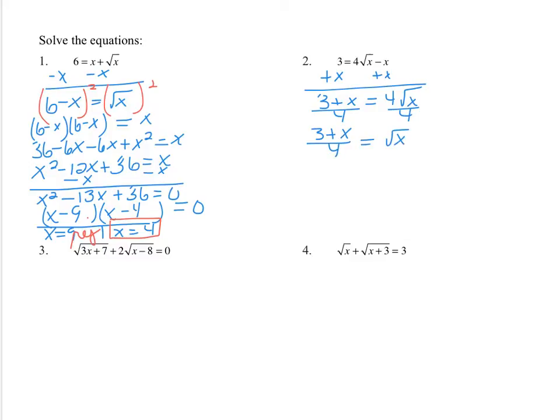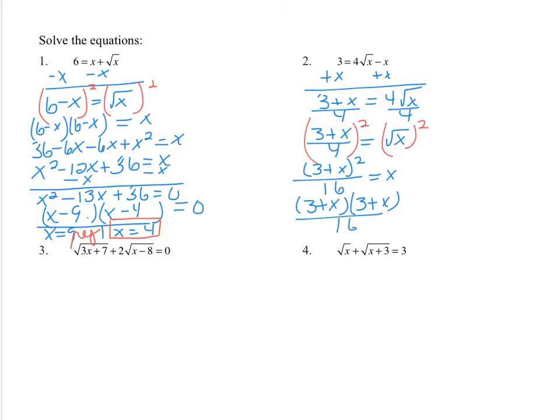Okay, it's isolated. So I'm going to square both sides. Remember what I said: whenever you square a fraction, you square the numerator and the denominator. So the numerator is going to be 3 plus x squared, and 4 squared is 16, equals x. 3 plus x squared is 3 plus x times 3 plus x over 16 equals x.